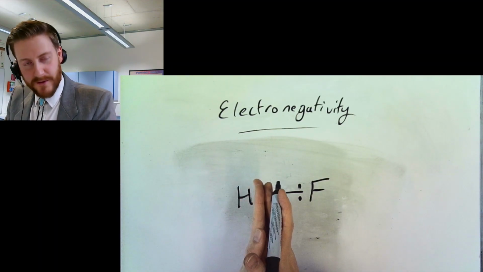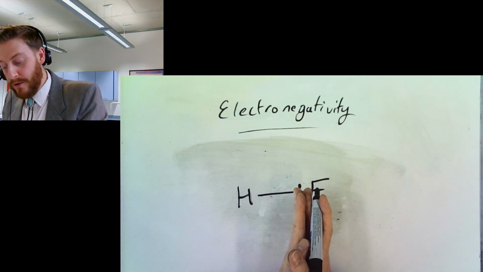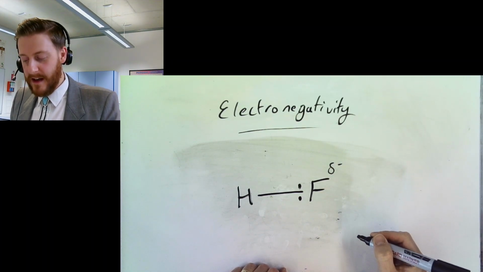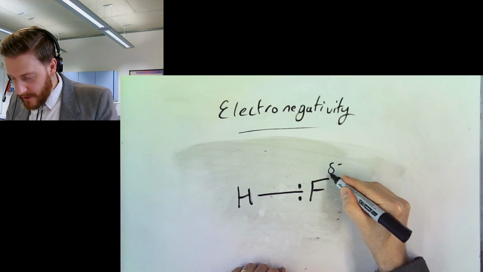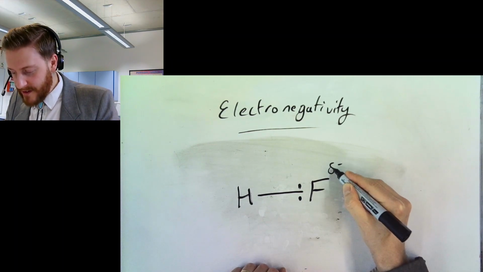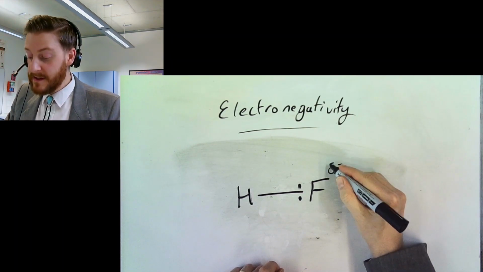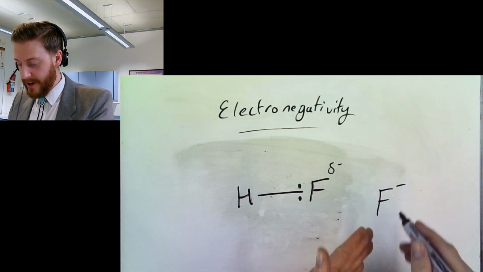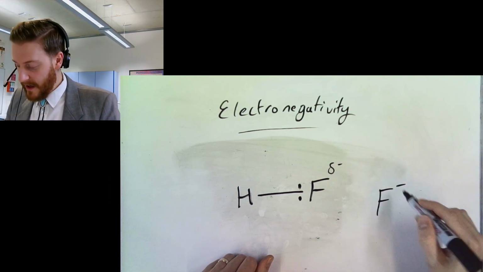Now, of course, my electrons have a negative charge. And by pulling this electron closer towards itself, it gets a slight negative charge. What I've drawn here is a little Greek symbol. It's a lowercase delta. And all it really means is slight negative. Now, it's not the same as a fluorine ion that's just got an extra electron in there to fill in its outside shell.